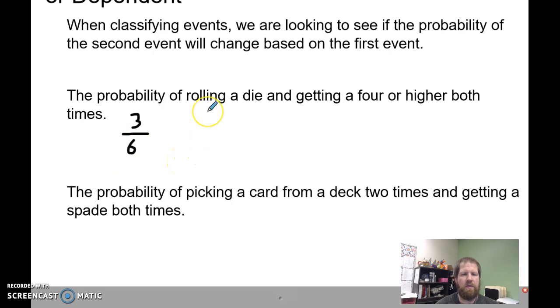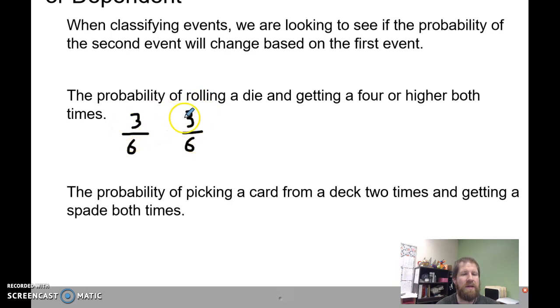When I pick up the die and roll it again, the probability isn't changed. It's still 3 out of 6, so the probability of the second event isn't changed.